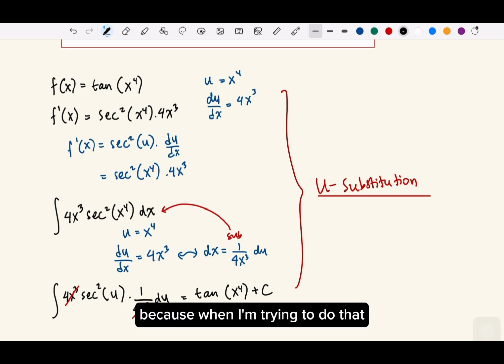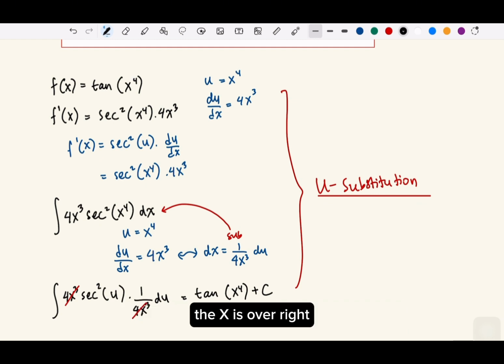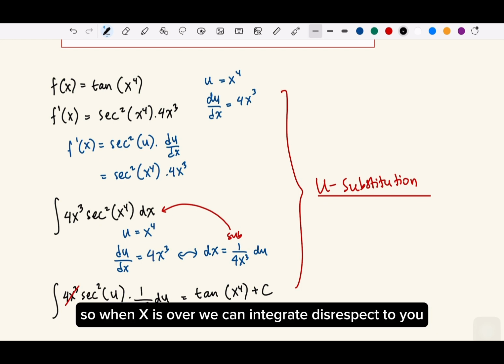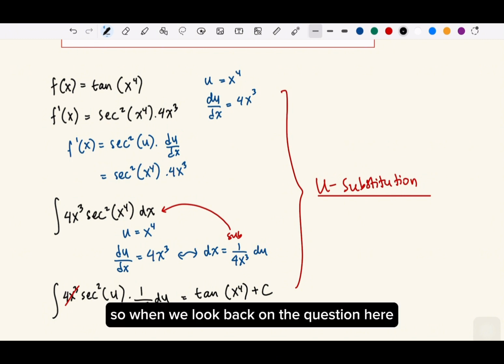Because when we check the derivative and substitute the dx here, we cancel the 4x cubed. So the equation becomes u, and the x is over. When x is over, we can integrate with respect to u. That's the idea.